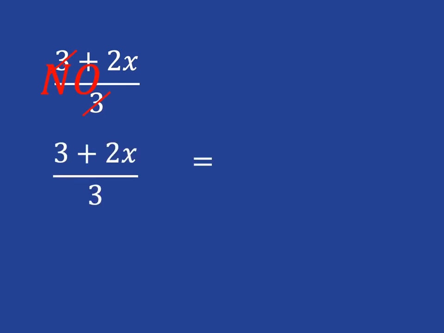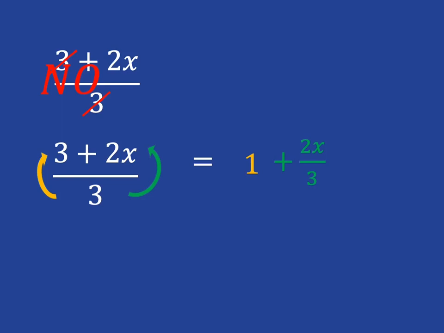What we'd have to do instead is to say the 3 must divide into the 3. That gives me 1. And then I've got the 3 dividing into the 2x. That's not going to work out very neatly, but that's fine. I can just write it as plus 2x over 3.